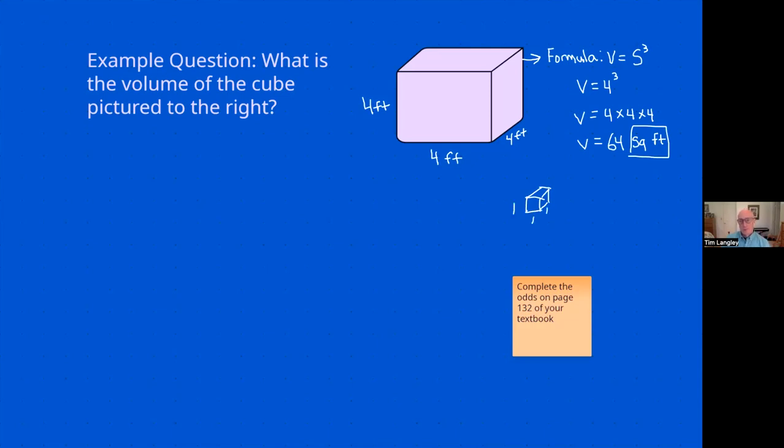If that was a perfect cube, you can imagine that there are 64 of these cubic feet inside of my cube here. My cube is 4 feet by 4 feet by 4 feet, which is a lot, by the way. So I want you to do the problems on page 132. Just do the odds before moving on to the next slide.